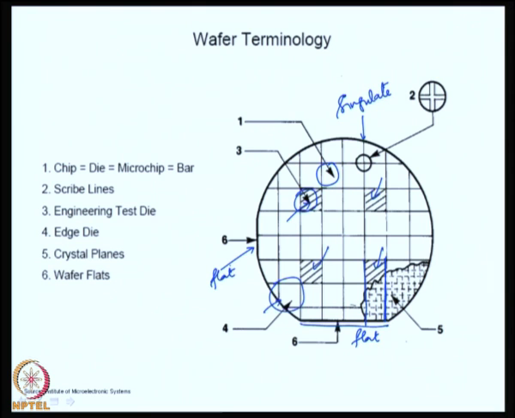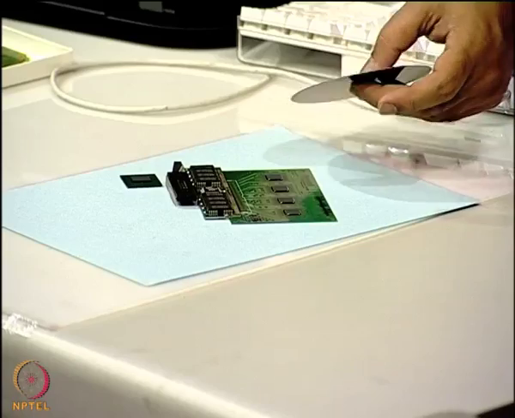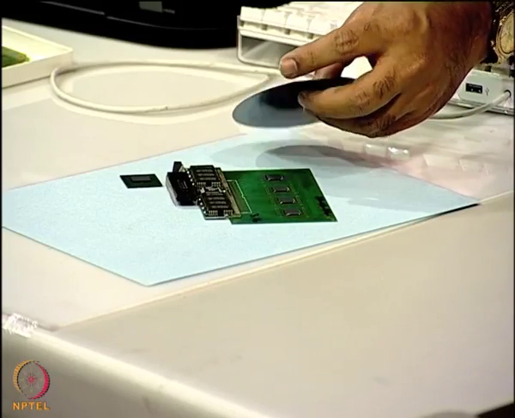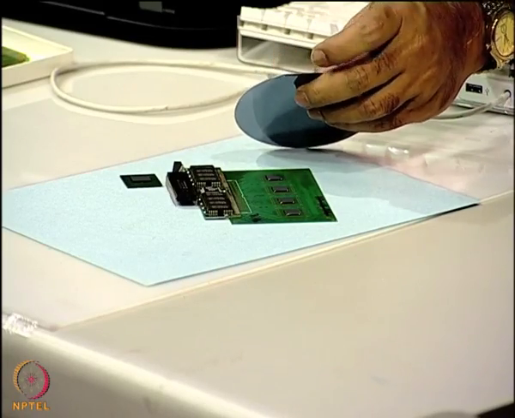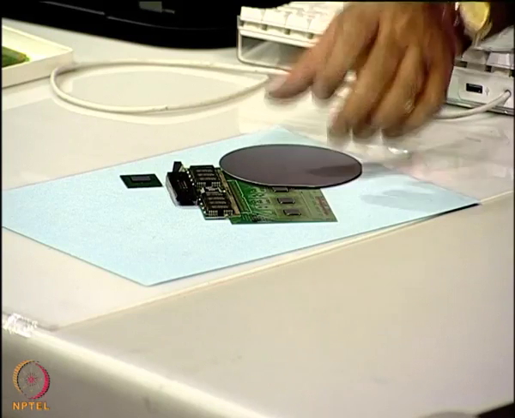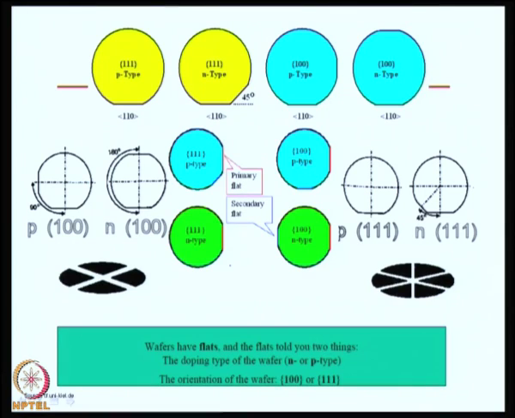So, if you look at any wafer here, as you see, there will be a section where there is a flat. The flat indicates a lot of things. First of all, if you have a flat like this, this indicates that it is a p type material and the arrangement here is a 1-1-1 type. Okay. And similarly, a wafer can have secondary flats.